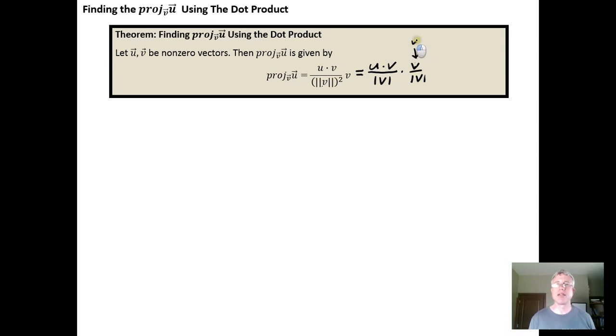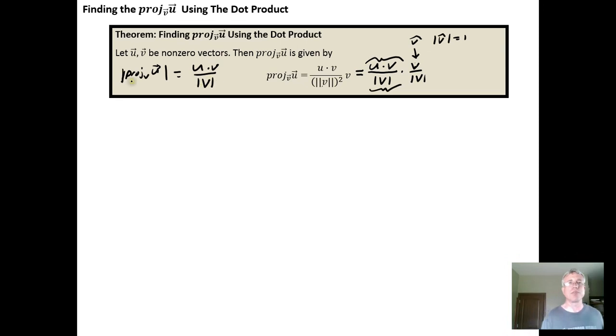This is v hat, and the size of v hat is 1, which means the length of the vector is going to be the scalar. So the result is that the size of the projection of u onto v is just going to be u dot v over the size of v.